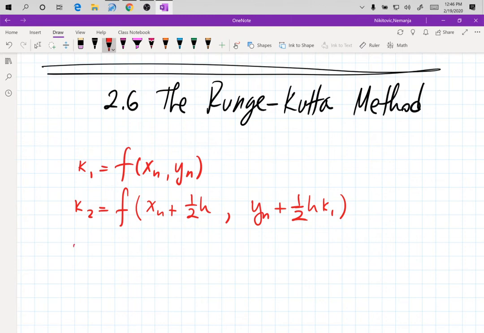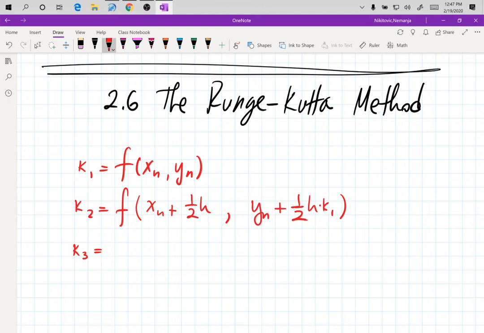Then, yes? You said 1/2 ln K1? No ln, h. This is the algorithm. These are h, step size h. There are no ln's anywhere. It's h times K1.